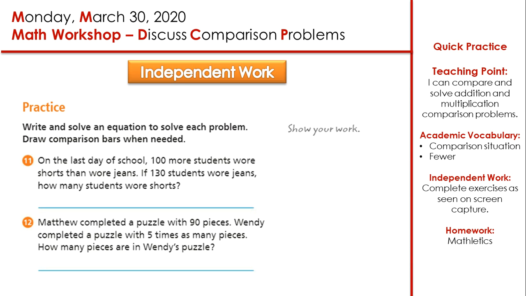And then at last you have two more that you're going to write and solve an equation to solve each problem. Draw a comparison bar when needed. In this case, you can probably solve this one in your mind, so probably you won't need to make a comparison bar. That will be up to you, but you need to show me the equation that you tried, right?